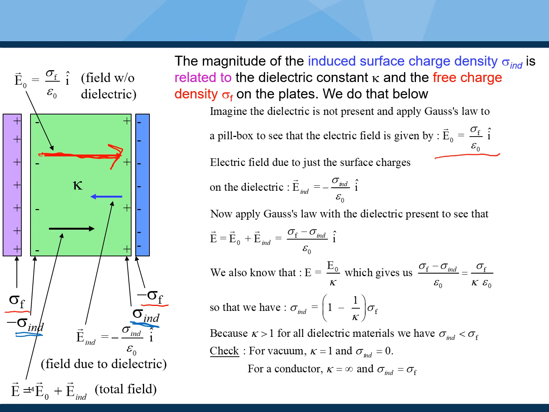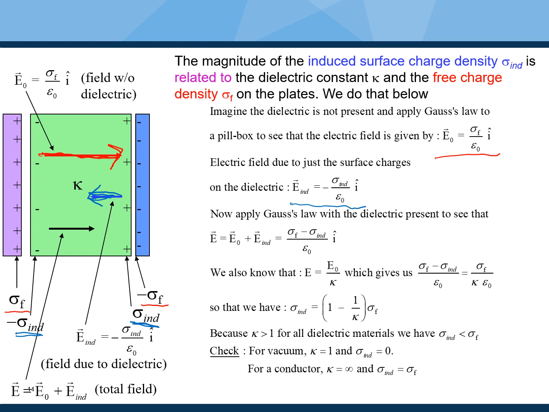So we can go ahead and say that the contribution from the induced surface charge density is shown by the blue vector, and this blue vector, because the induced surface charge densities are oppositely oriented, produces an electric field given by the induced electric field, which is just minus sigma induced, the surface charge density of the induced charge, divided by epsilon naught.